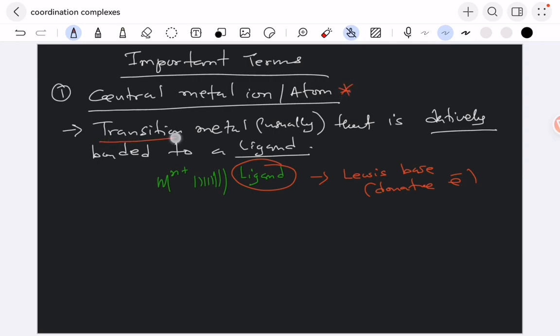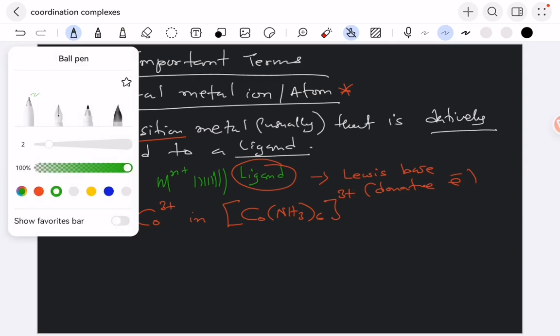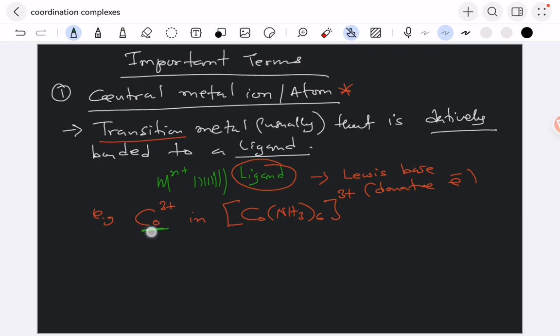In this case, we're trying to understand what a central atom is. A central atom is usually a transition metal. For example, we can say cobalt, in, let's say we have a complex of this, hexaamminecobalt(III). In this case, cobalt represents a metal ion or a central metal ion.